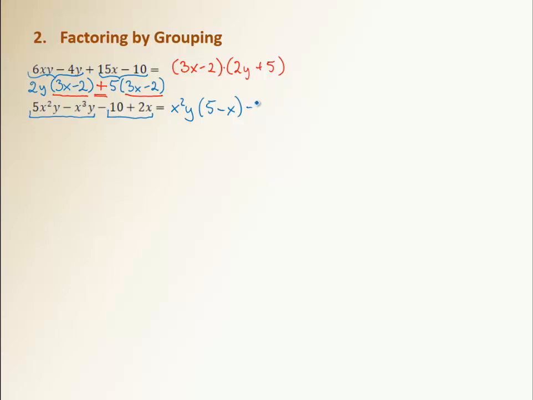So let's take negative 2 as a common factor, and in the bracket you end up with 5 minus x. It is negative because we took one negative out. So finally we can take the bracket 5 minus x out of the two terms, and what's left is x squared y minus 2.